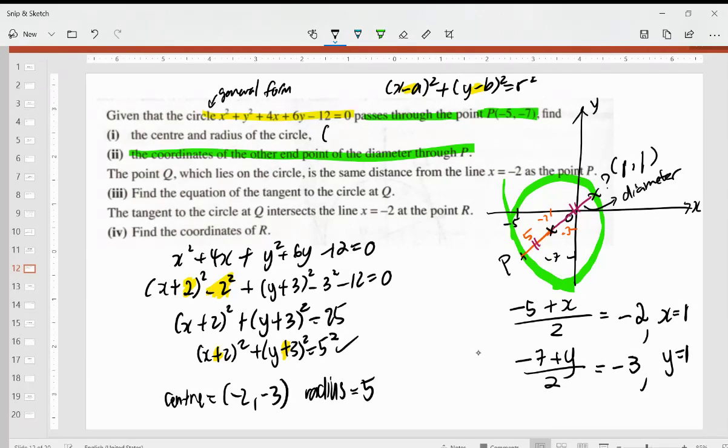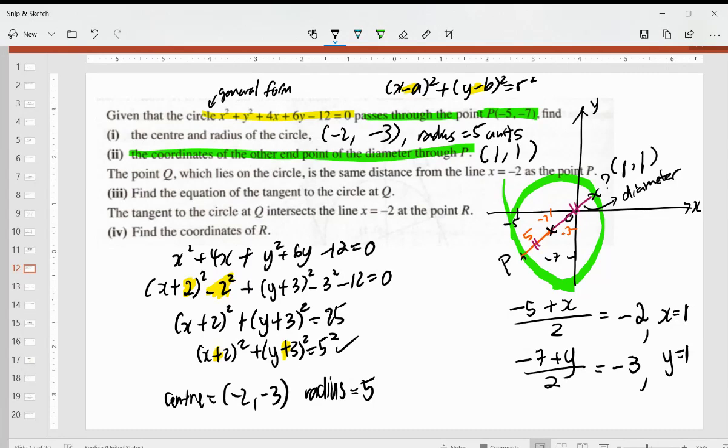So I'm going to tidy up a bit. I have my center (-2, -3). I have my radius, 5 units. I found the other end of the diameter, (1, 1). Okay, now we go on to the next part.